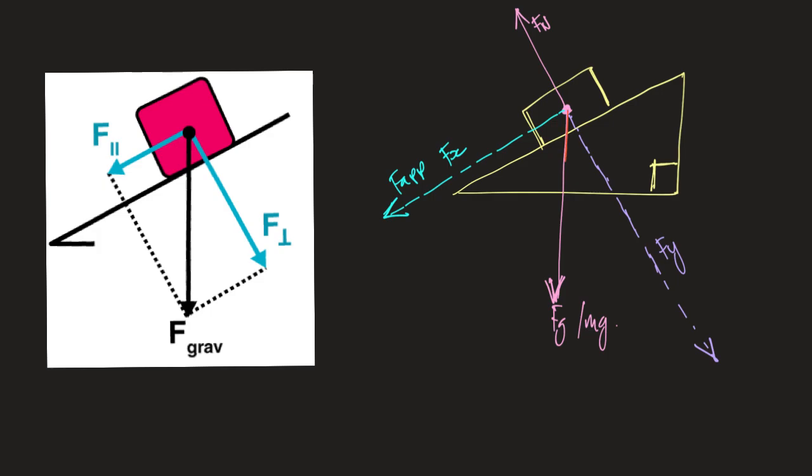So I'm just going to go with this orange color, and this orange gives me Fg. Great. When I have Fg, I know that over here, I have a force that's doing this. And that's my Fy.